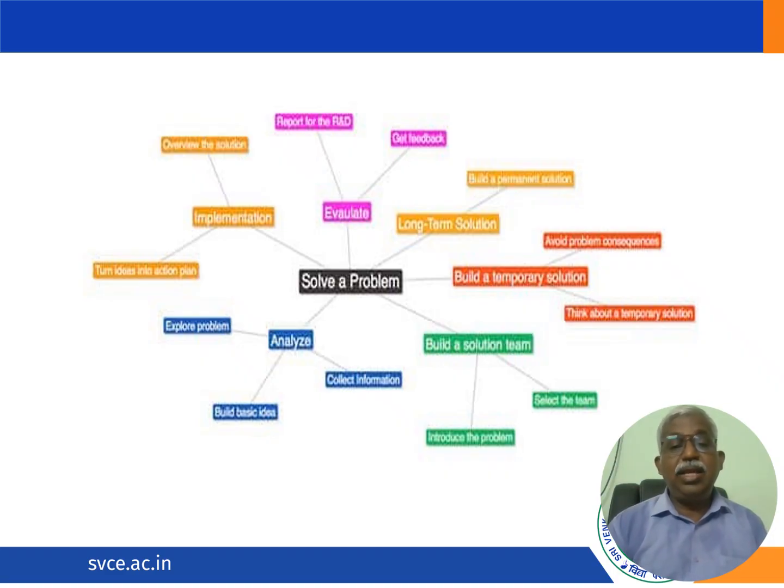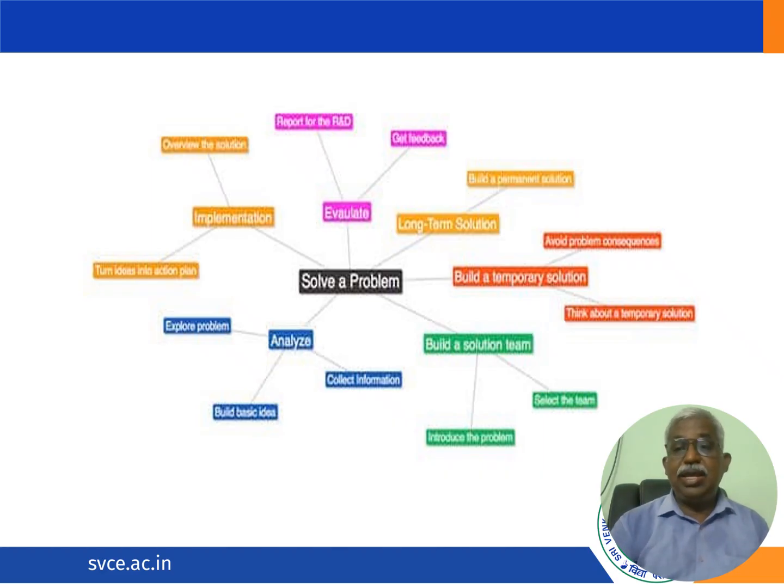From the team, we build a temporary solution using some user testing, evaluating all those things. Then we have a permanent solution also. So these are the methods to identify a problem and, taking different perspectives, we give a solution. Using this type of tools, we have a better understanding of the problem statement.